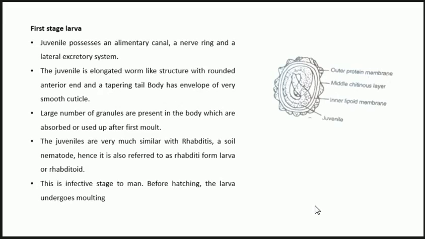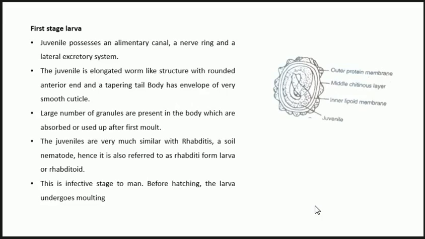Now this worm-like juvenile formed, as you can see within the egg, possesses an alimentary canal, a nerve ring and a lateral excretory system. Remember also, the juvenile is an elongated worm-like structure with a rounded anterior end and tapering body. In the morphology of the adult, male or female, both have tapering ends at both sides.